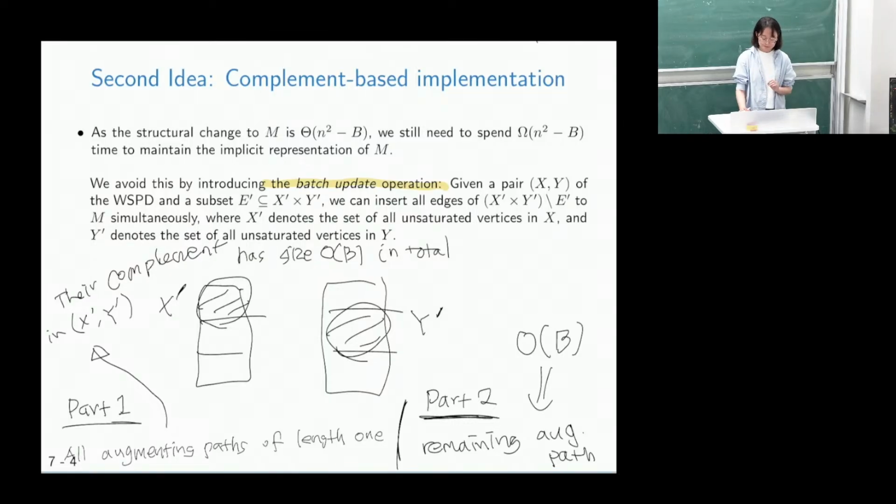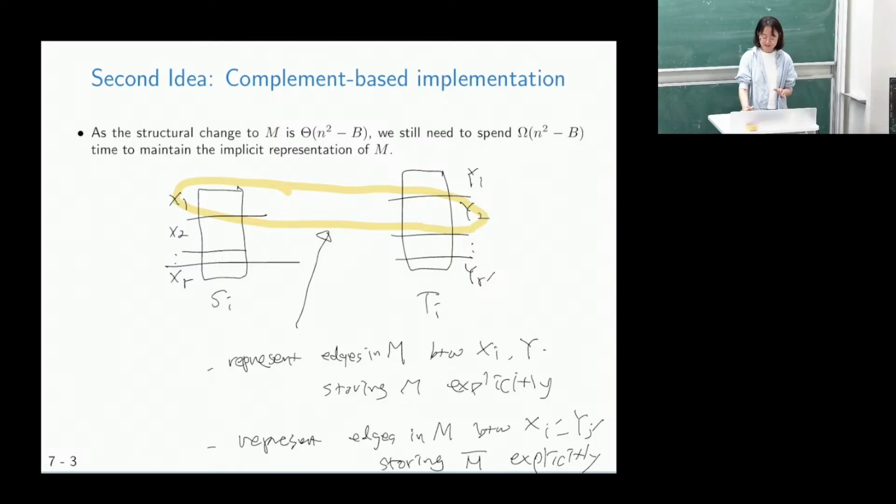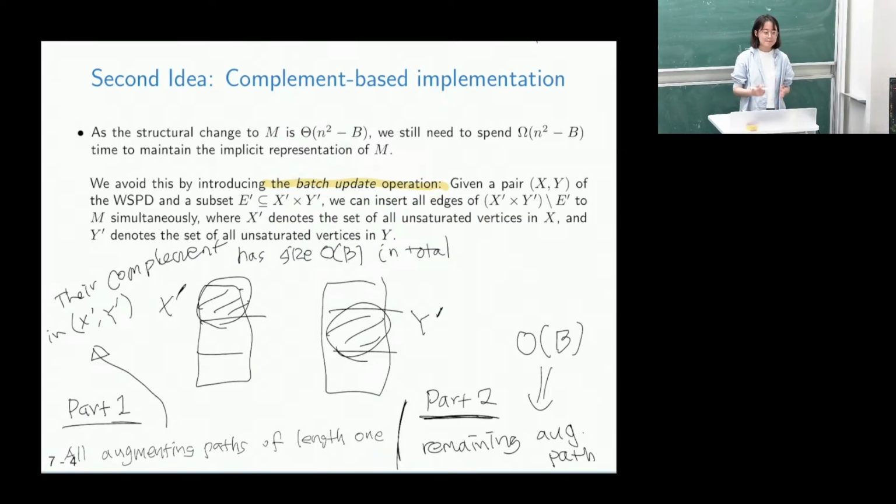So by combining two approaches, we can represent M using order of B space, and moreover, we can update M in time linear in B. And this is the overall structure of our algorithm. And finally, we were able to obtain a near linear time approximation algorithm for the geometric matching problem.